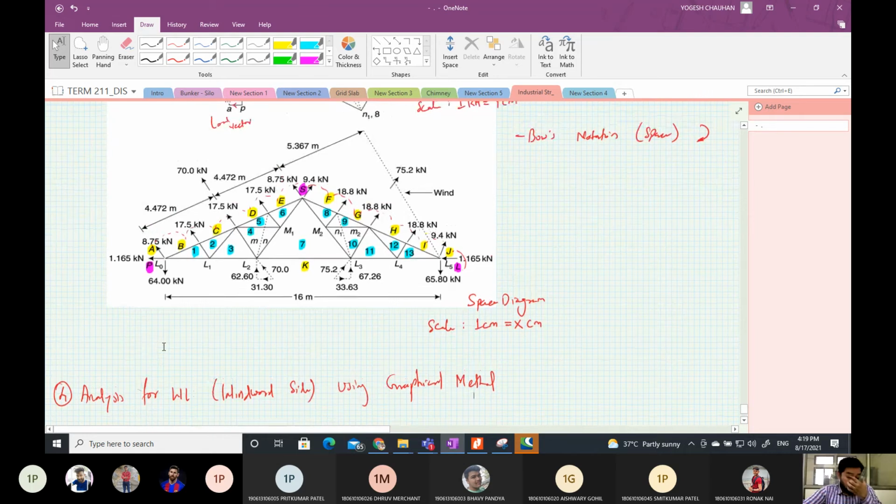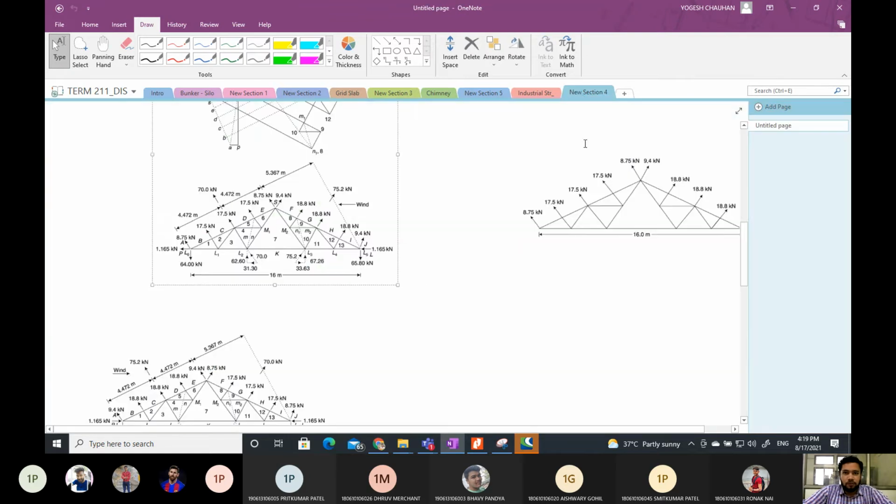So for more details, you refer the book by S.K. Duggal. We are taking an example 15.14.1 of the same text. So you can refer for more details.